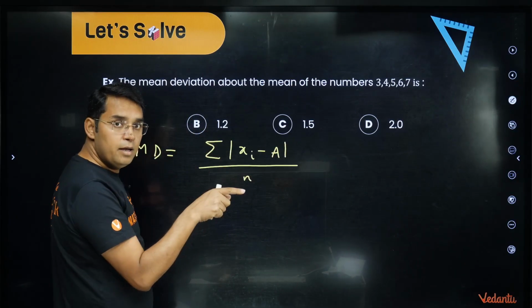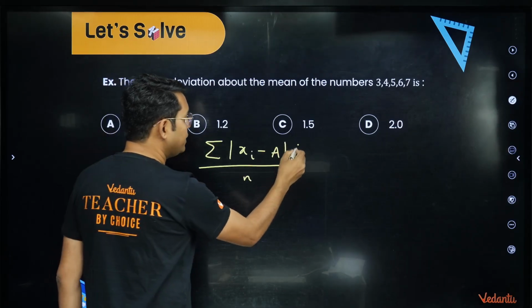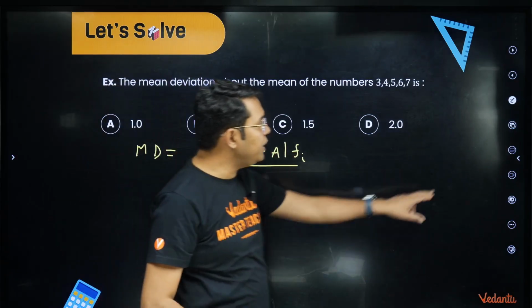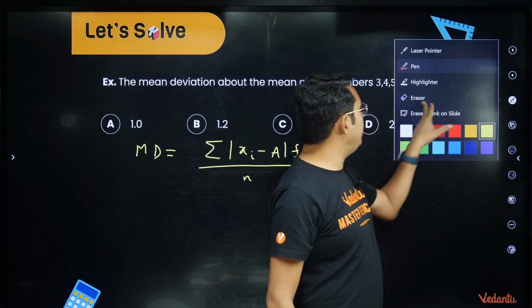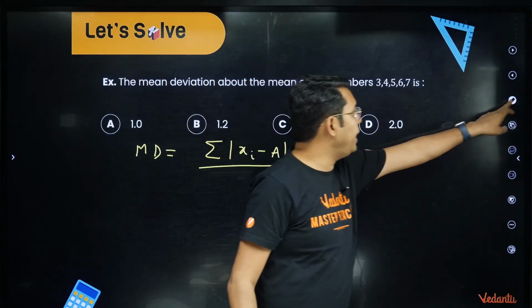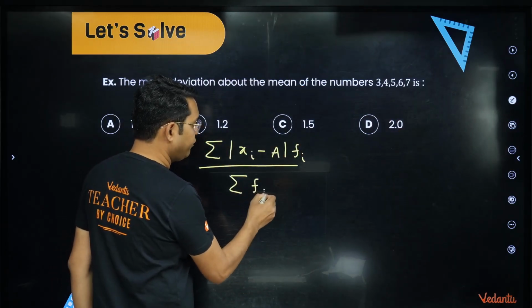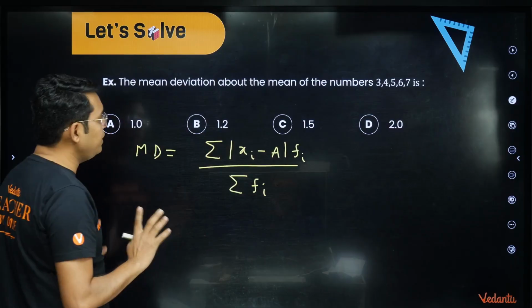If every data xi is given with some frequency fi, then it will be multiplied with the corresponding frequency, and in the denominator this n, we can write n also, that's not a problem, but it will actually be summation fi. So this is how we find the mean deviation.